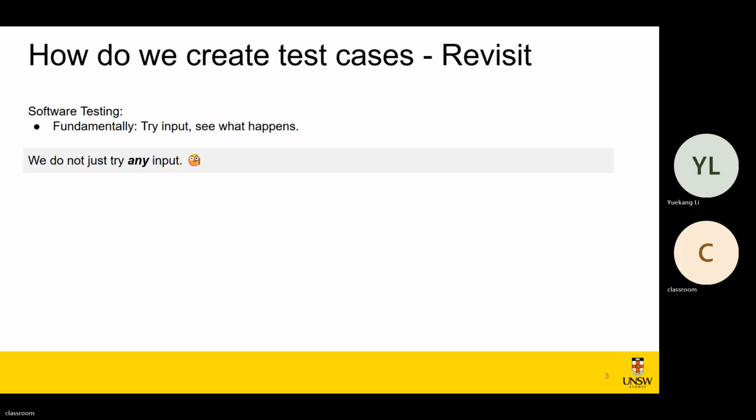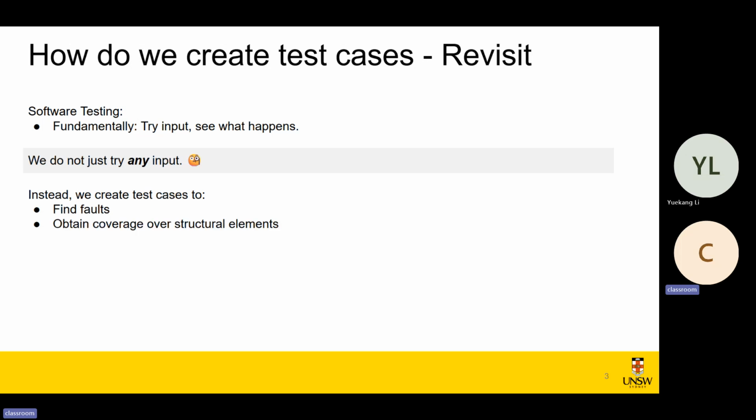However, when we generate these inputs, we don't just try any input, because it's not very effective. Instead of trying inputs randomly, we have some purpose. We could have different purposes here, and we want the test cases to be able to find some faults. That's the most fundamental thing we want to do with testing.